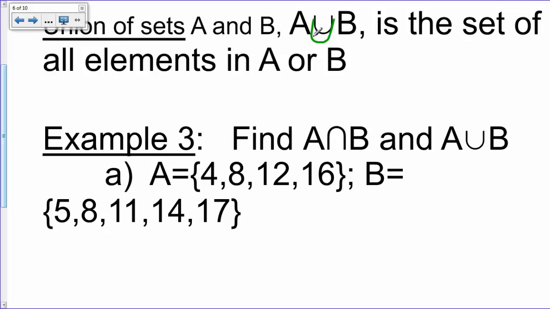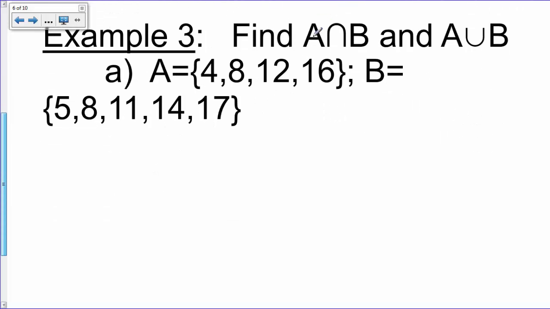So, for example, it wants us to find A intersects B, which we just said meant that it had to be in both. Remember we talked about if we're talking about the sets that we have to show the braces.